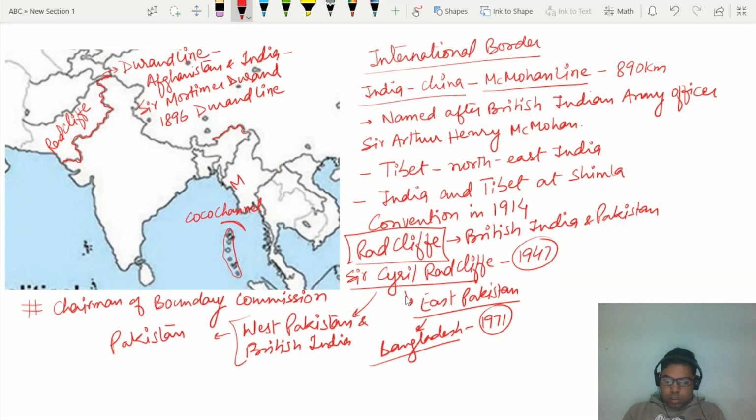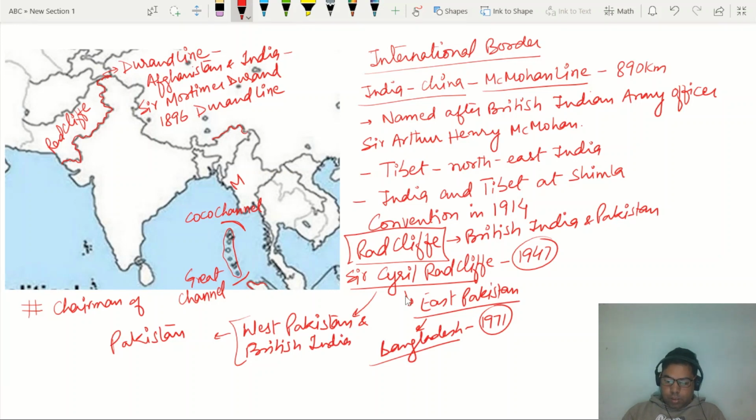Thereafter, this land area is called Sumatra Island, which belongs to Indonesia, right? India has been separated from Indonesia by the Great Channel, right? They are the two important areas.